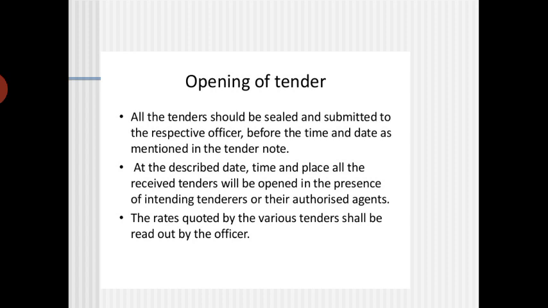Apart from that, two expert members will be there. So in that setting, they will open it. Then they will see what kind of things they have mentioned, whether it is in a proper manner or not. If it is in the proper manner, they will proceed further. Otherwise, if the tender is not in the proper manner, they will reject the application.